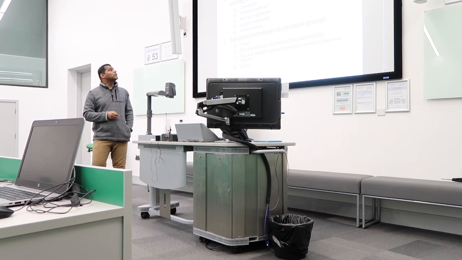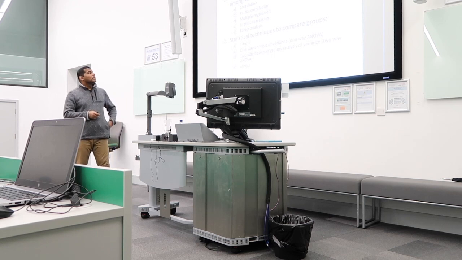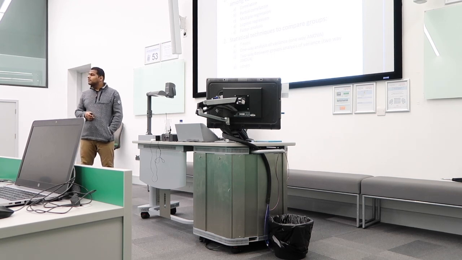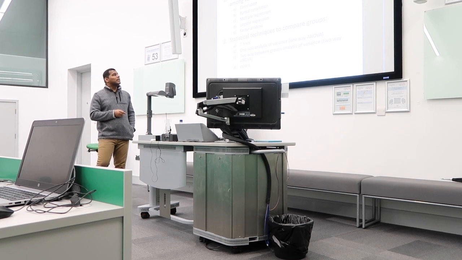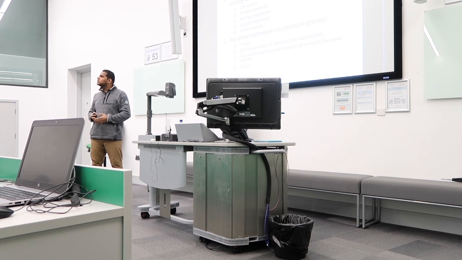Let's now go to inferential statistics. They are grouped into two groups. First, statistical techniques to explore relations among variables. These include correlation, which is very important, partial correlation, multiple regression, logistic regression, and factor analysis, because you have a set of variables.